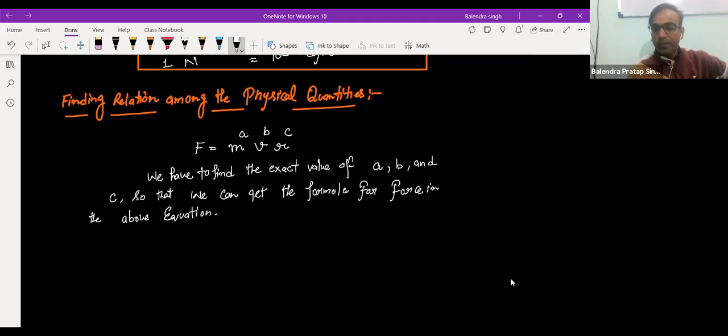Is it clear? What is the problem? We know F depends on M, F depends on V, F depends on R. But in which way it depends, we don't know. A, B, C are unknown. We have to find what is the value of A, what is the value of B, and what is the value of C. Okay, is the problem clear?